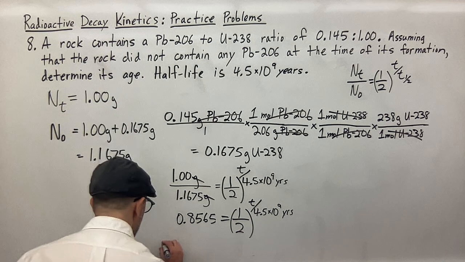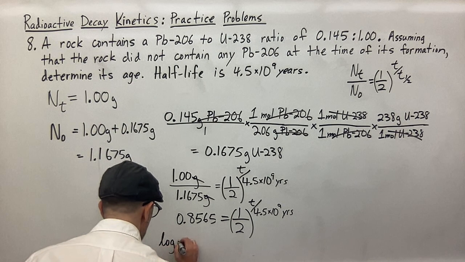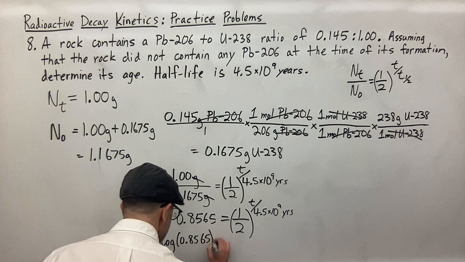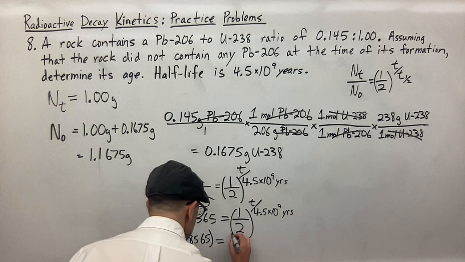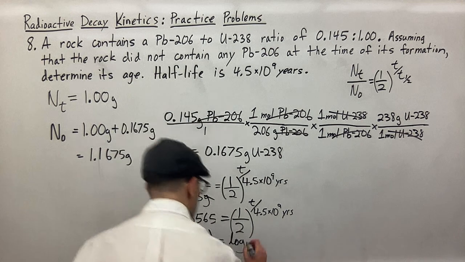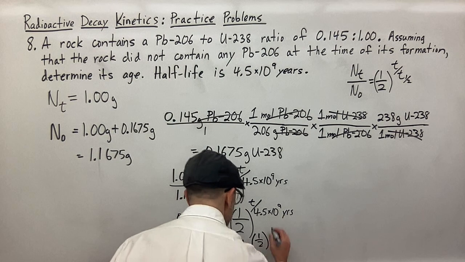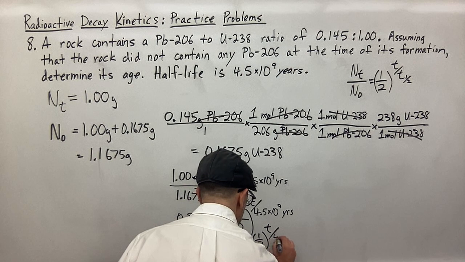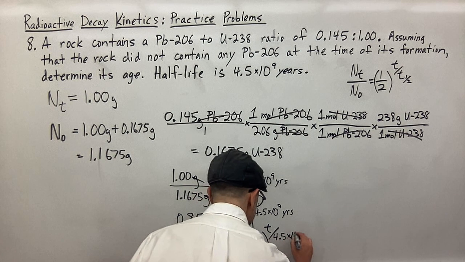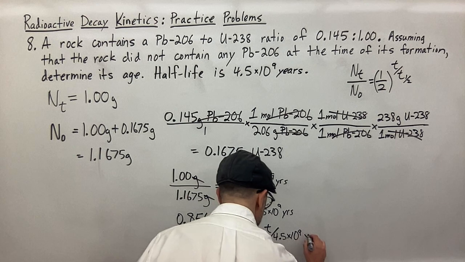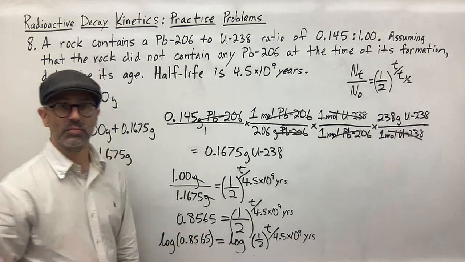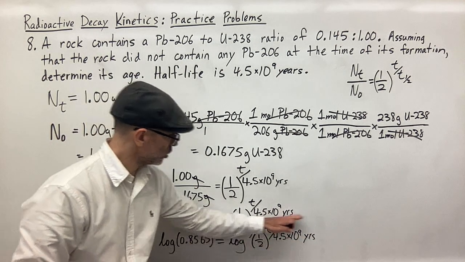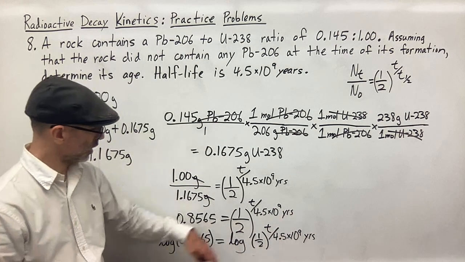So I'm going to take the log of 0.8565, and that's going to be equal to the log of 1/2 to the power of t over 4.5 times 10 to the 9 years. Now that I have this in log, I can take this power and put it in front of the log.